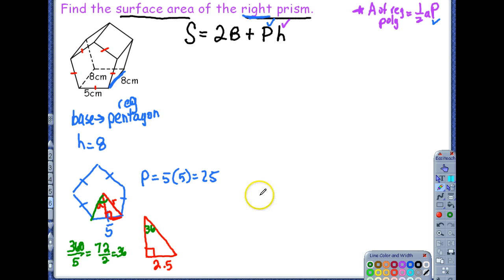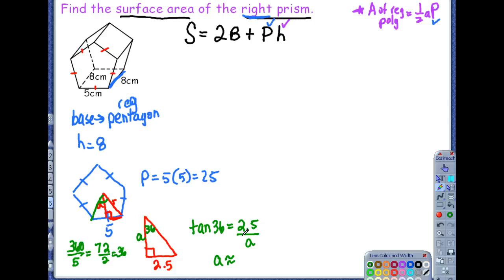I'm going to have to use some trig here because I know that's not a special right triangle. Those two pieces are the opposite and the adjacent, so I'm thinking tangent. So the tangent of 36 is equal to our 2.5 over A. We could really just say A is 2.5 over tangent of 36.